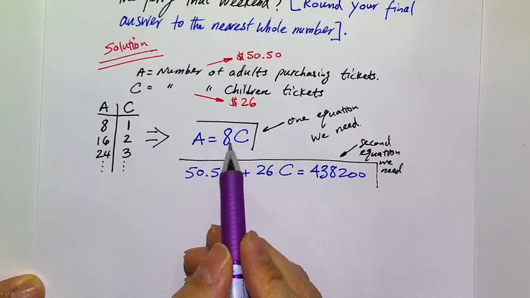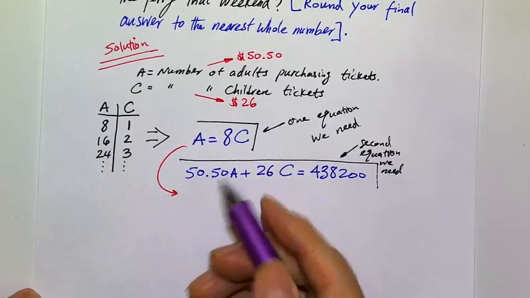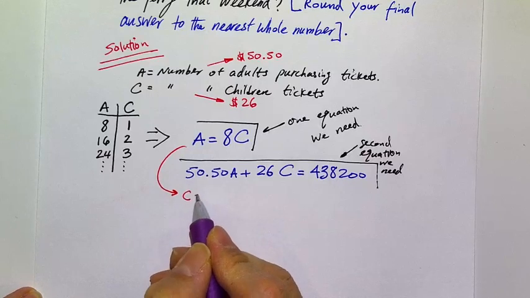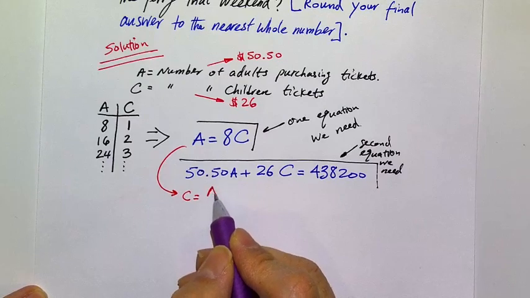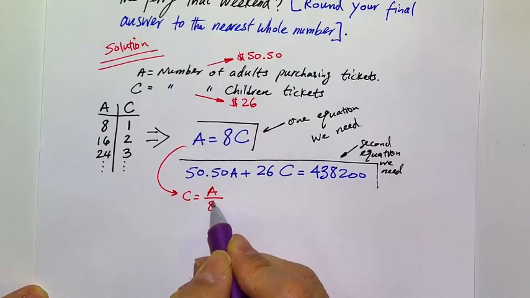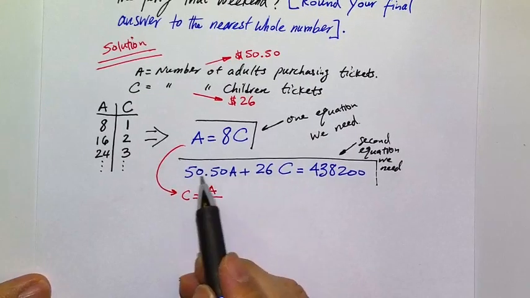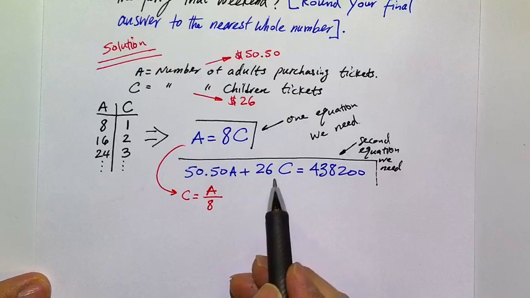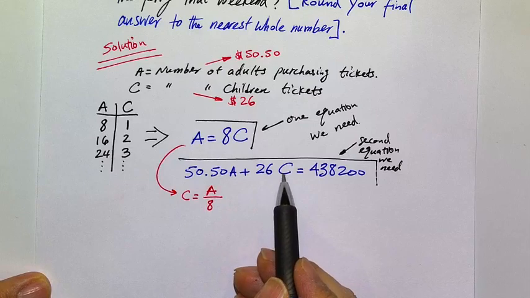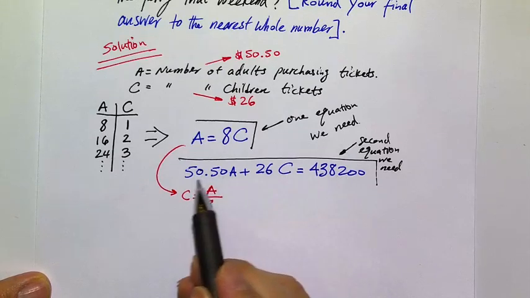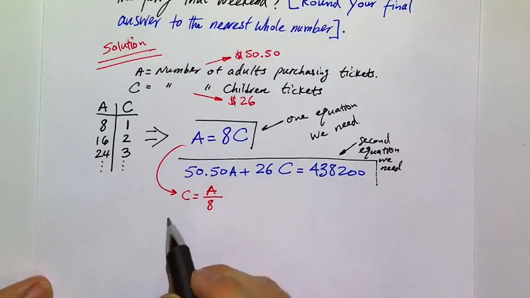Let's solve this equation for C. So C, the number of children who bought tickets on that weekend, is equal to A divided by 8. Now, in this longer equation, we can replace C with A over 8. That way we end up with a single equation, single variable, and we can easily solve for the variable we want. So let's do that.